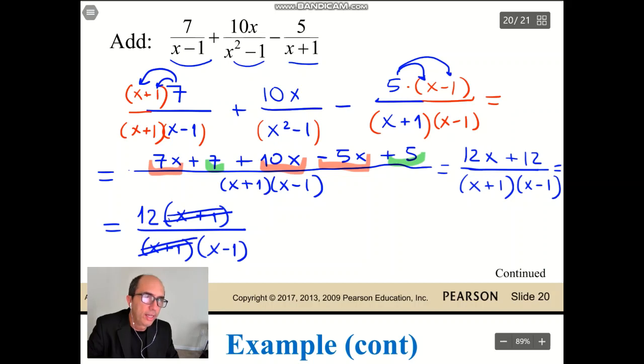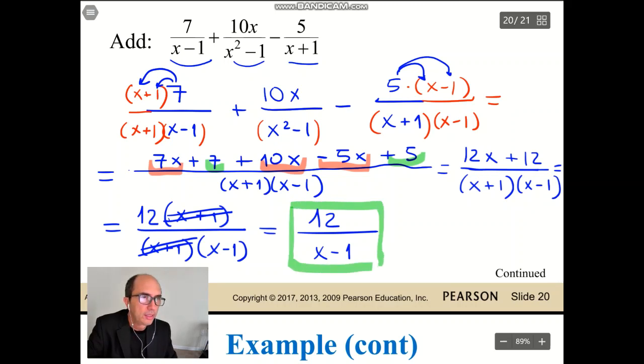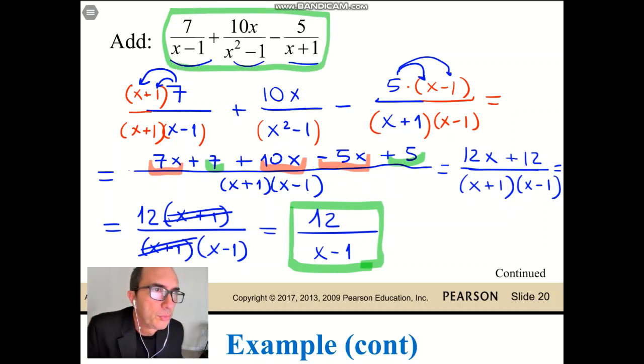You can simplify here x plus 1 with x plus 1. And this is going to be our solution. It's the simplest rational expression that is equivalent to this addition and subtraction of three different rational expressions with three unlike denominators.